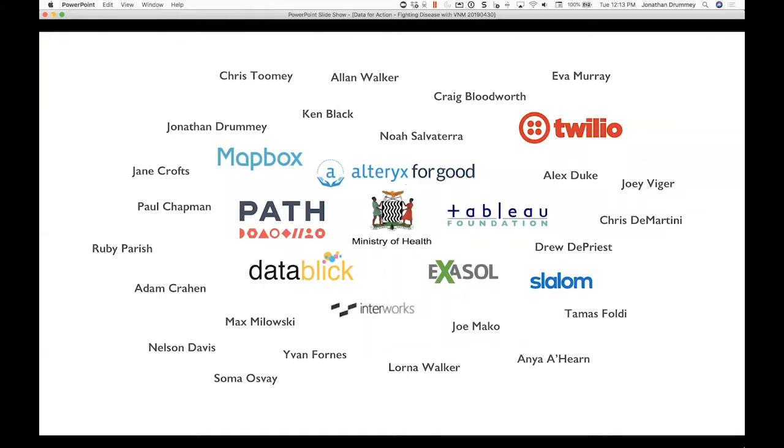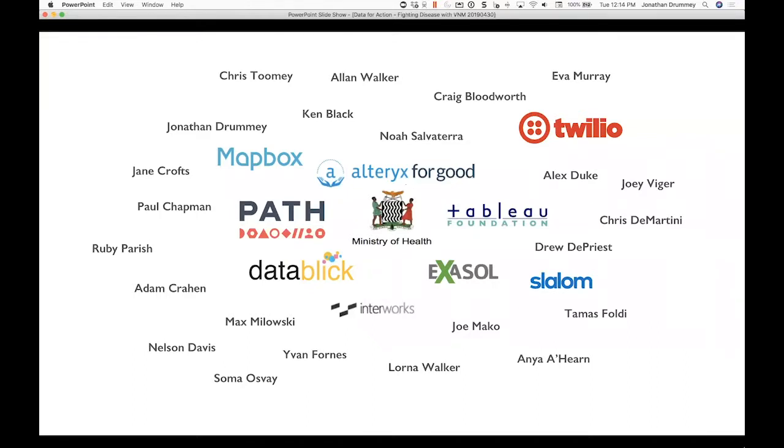So we were able to connect with them and open things up. We were one of the first grantees of the Tableau Foundation, one of the first grantees for Alteryx for Good and Exasol and so on, and, in this tradition of PATH being an innovator, helping these companies open up to other partnerships with other organizations.